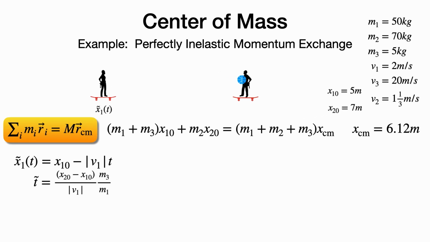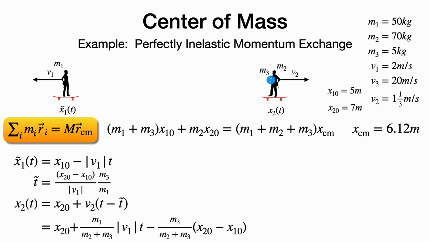After catching the ball, the person and the ball will move with a constant velocity, and their position, x2 as a function of time, can be easily expressed as their initial position plus their recoil velocity v2 times now the quantity t minus t tilde. We need to include this offset t tilde so that when t equals t tilde, the position x2 as a function of time is equal to the initial position.